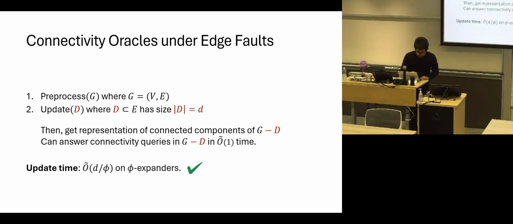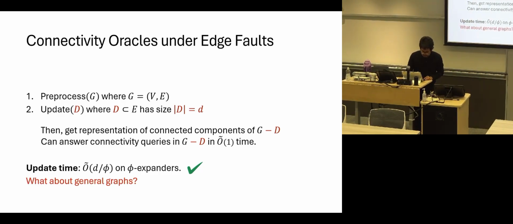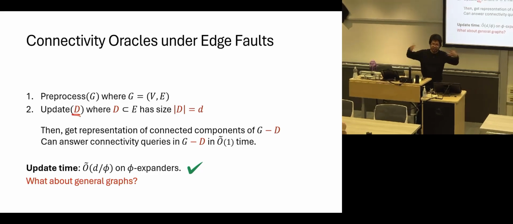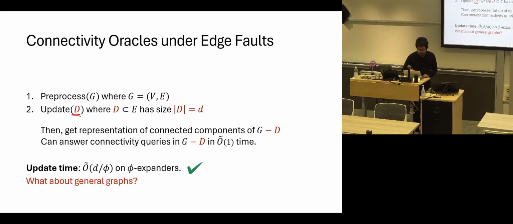You pre-process the graph, and then given any one batch of deletion D, you can compute a representation of the connected components in the graph after deleting D. That's what we want to do.